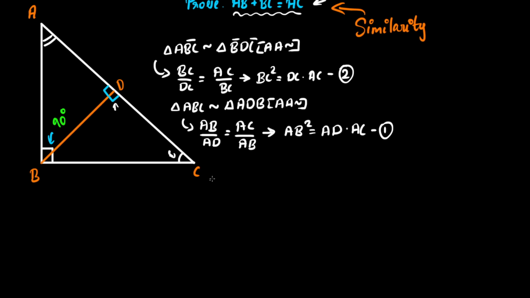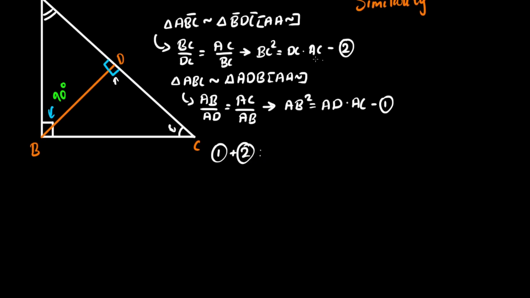From this I will add equations 1 and 2. Adding up the left-hand sides of equations 1 and 2, I get AB squared plus BC squared, which is equal to AD times AC plus DC times AC.